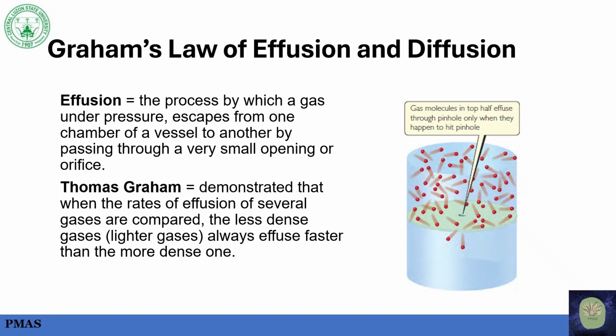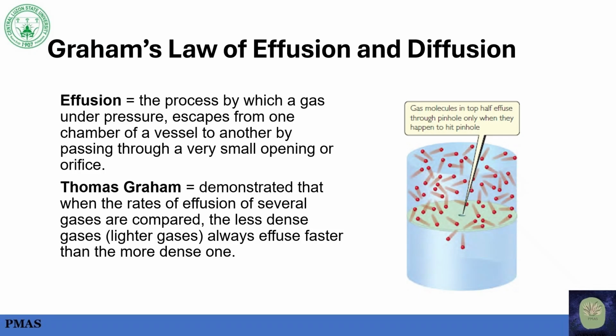Next, Graham's law of effusion and diffusion, since it was previously stated that gases can effuse and diffuse. Again, effusion is the process by which a gas under pressure escapes from one chamber to another through a very small orifice or a tiny hole.